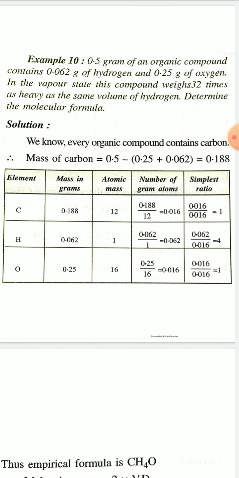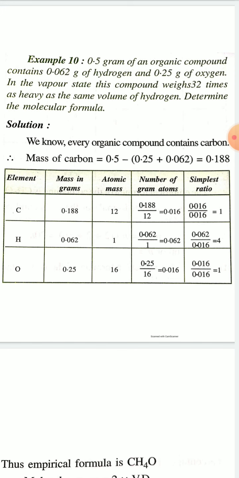So the number of gram atoms of carbon is equal to 0.188 divided by 12, that is 0.016. The number of gram atoms of hydrogen is 0.062 divided by 1, that is 0.062, and the number of gram atoms of oxygen is 0.25 divided by 16, that is 0.016.